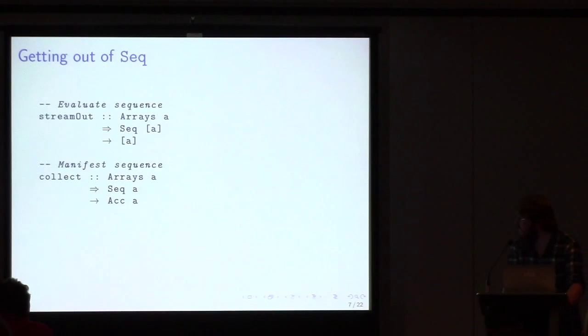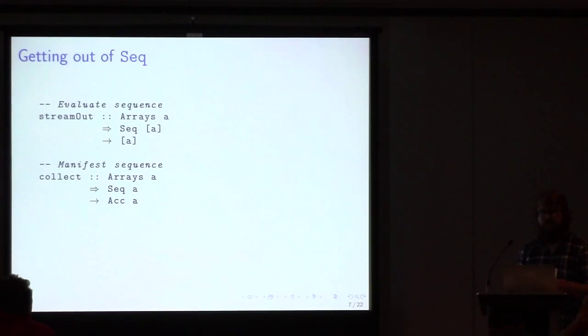You can also collect a sequence. So that's a way of getting back to Accelerate from Seq. You'll notice there's this type constraint Arrays of A. This ensures basically that A cannot have a list type, so it has to be the result of a fold.